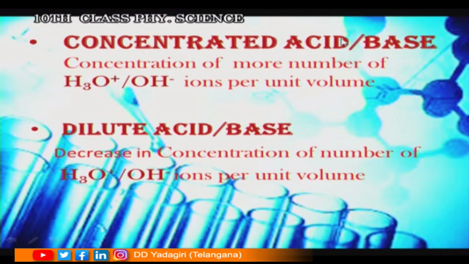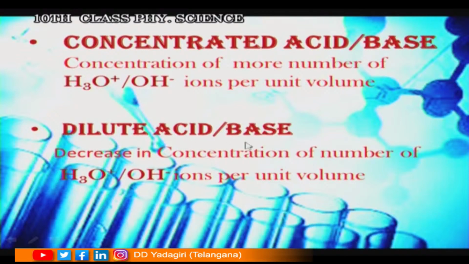If there are more number of H3O plus ions, it is called a concentrated acid. If there are more number of OH minus ions per unit volume, it is called a concentrated base. In contrast, what is dilute acid or dilute base? Decrease in concentration of number of H3O plus ions or OH minus ions per unit volume is called dilute base or dilute acid.